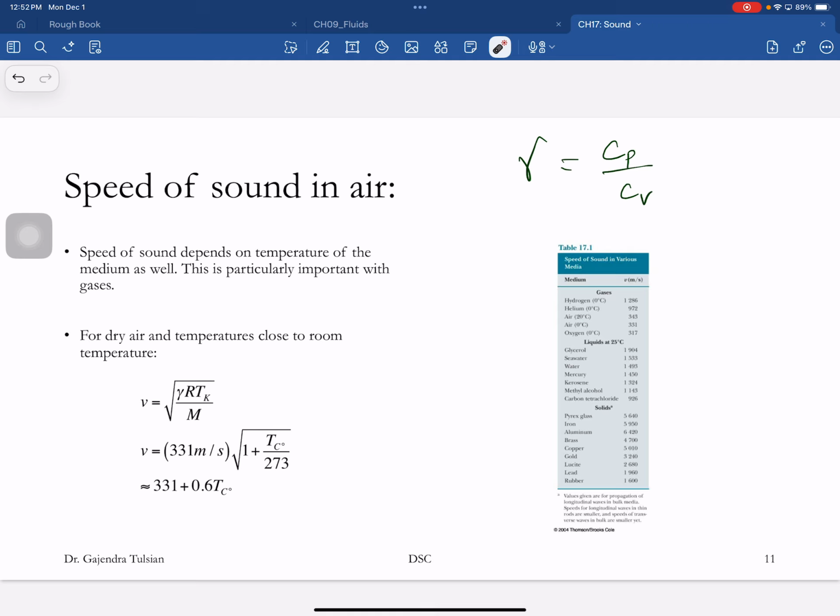So for air, this is 1.4. Anyway, here is the speed of sound as a function of temperature. This is in Kelvin scale, this is in Celsius scale. At 0 degrees Celsius, the speed of sound is 331 meters per second, and for every degree rise in temperature, the speed of sound increases by 6.6 meters per second.